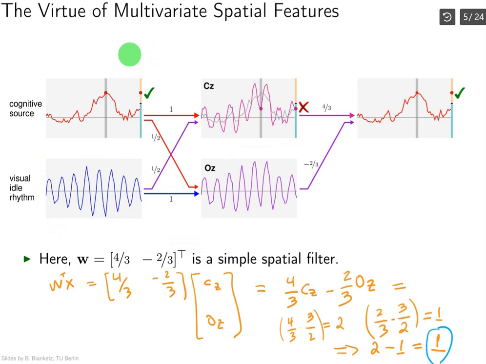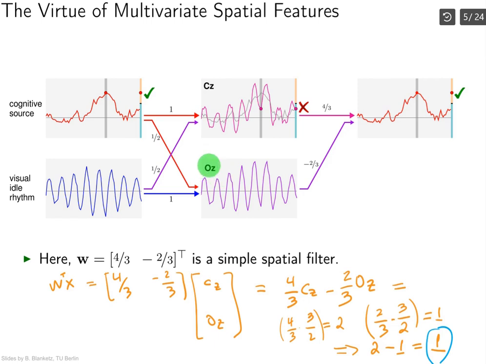When we extend from univariate to multivariate spatial features, we face some challenges. As mentioned before, channels are highly correlated. For example, consider two channel recordings as shown here, one from CZ, another from OZ.